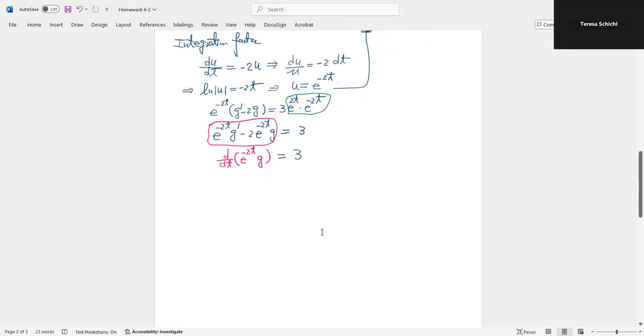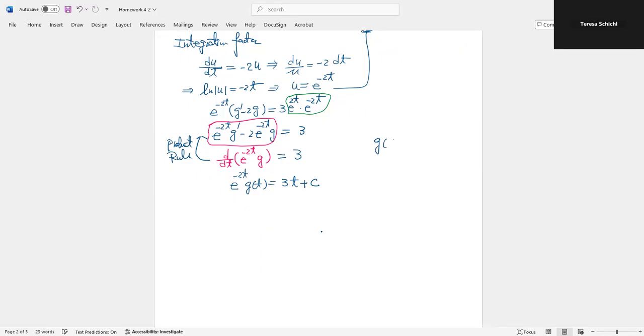Now I integrate both sides here. Because this is a product rule, you get e^(-2t) g(t) equal to 3t plus my constant c.